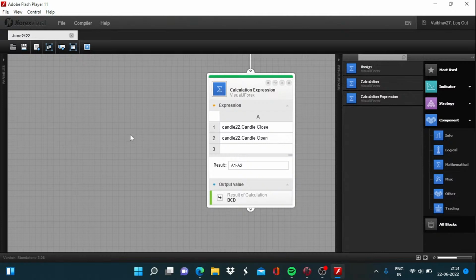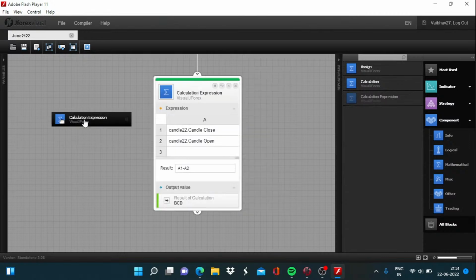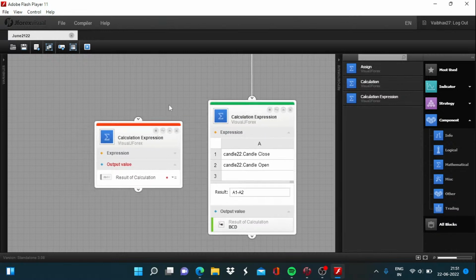We will use it for defining the stop loss and take profit. Whatever is the actual difference, we will take twice of it as the stop loss, and we will then multiply it again by twice to get at the target price level.